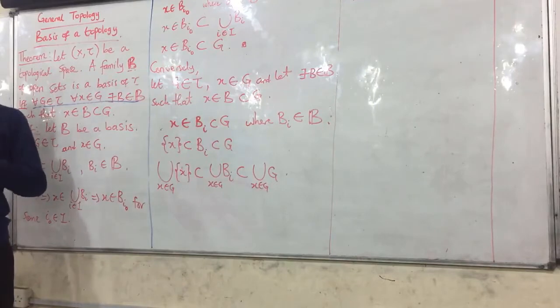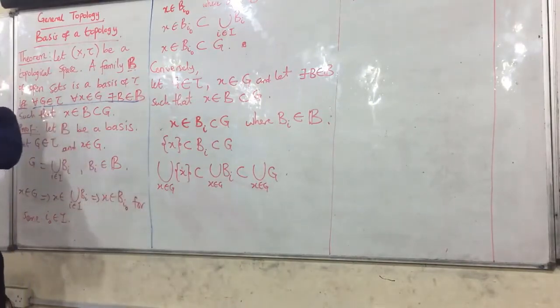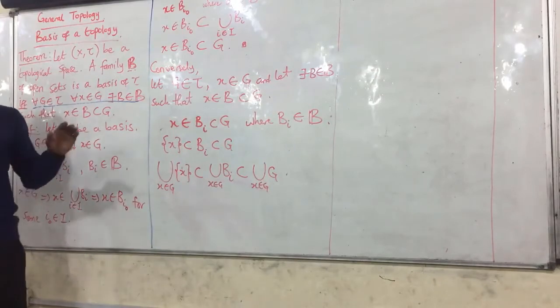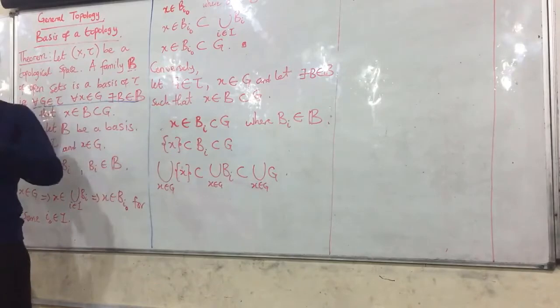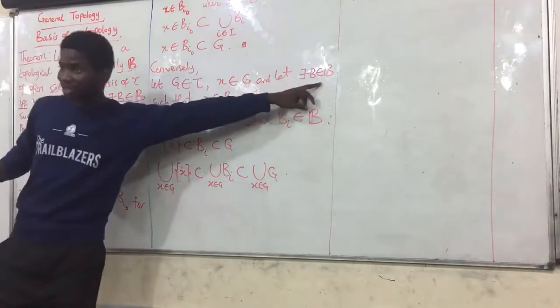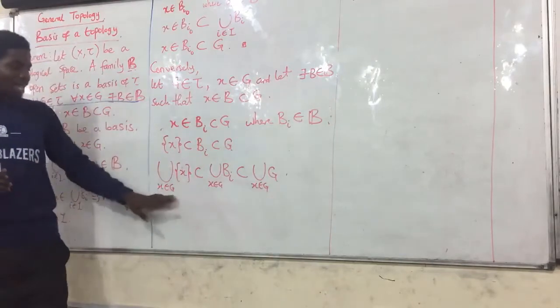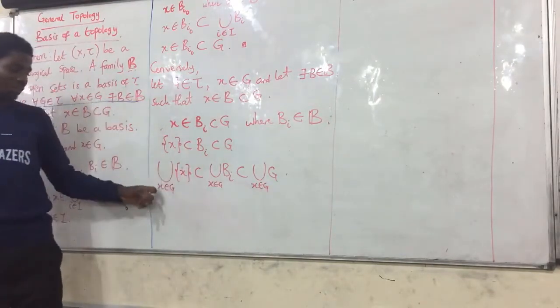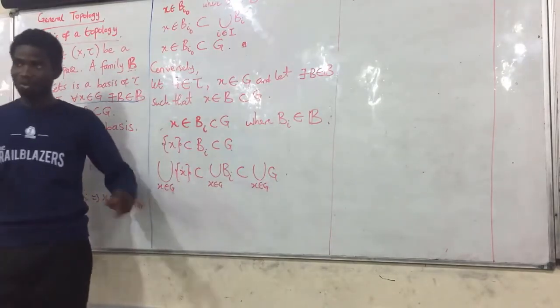How do I know that it should be S in G? You will see it now. I want to prove that the G can be written as a union of elements in BI, isn't it? That's what I want to prove, right? So that's why I use union of S in G, because I want to do something. You see why I put it now.